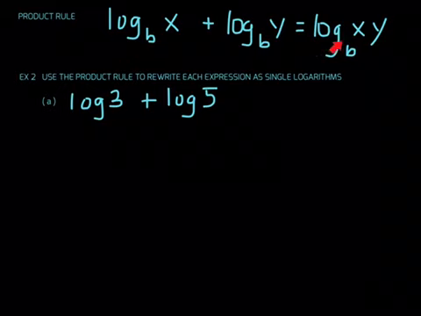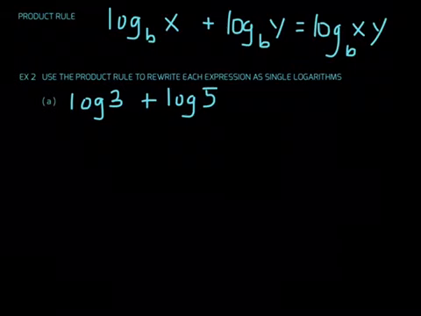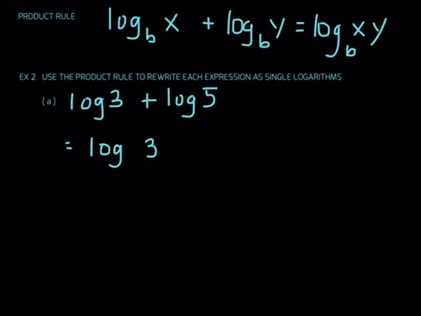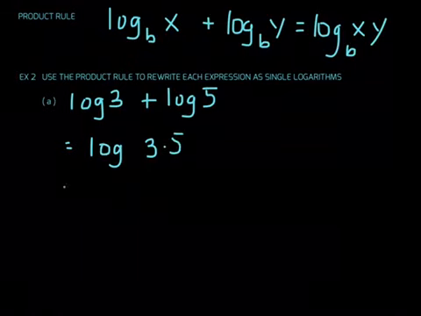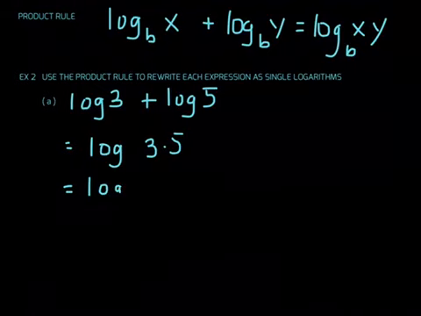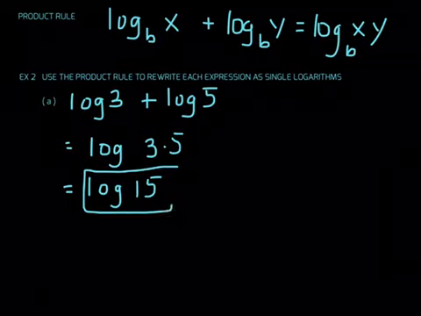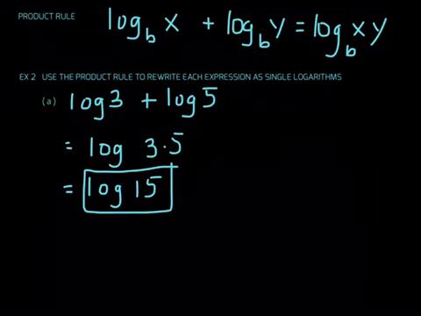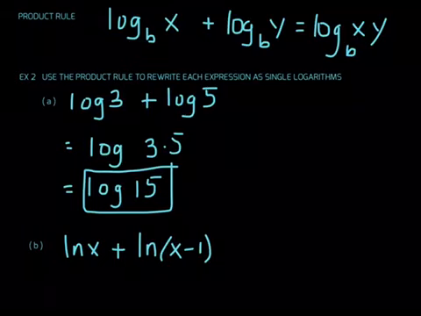All we have to do is multiply the arguments. So this will be equal to just 1 log, and then multiply the arguments, 3 times 5. Cool? So then this is log of 15. Log 3 plus log 5 is equivalent to log 15.